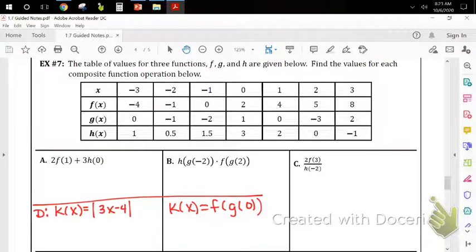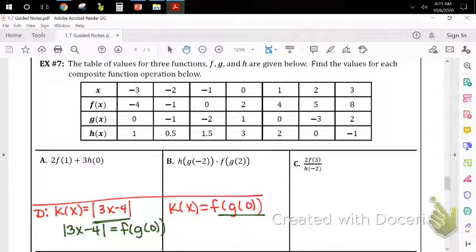All right, so notice k of x is equal to both of those. If k of x is equal to the absolute value of 3x minus 4 and k of x is equal to f of g of 0, it means these two have to be equal since they're both equal to k of x. So that means the absolute value of 3x minus 4 is going to equal f of g of 0.